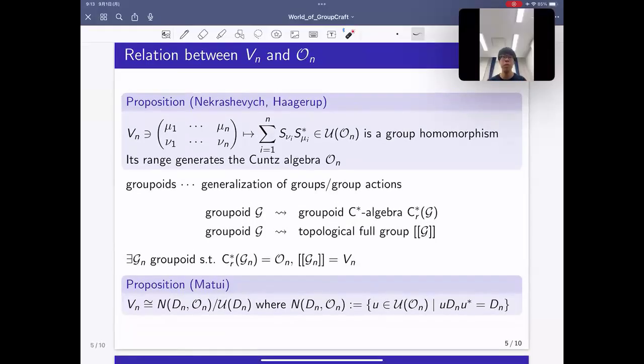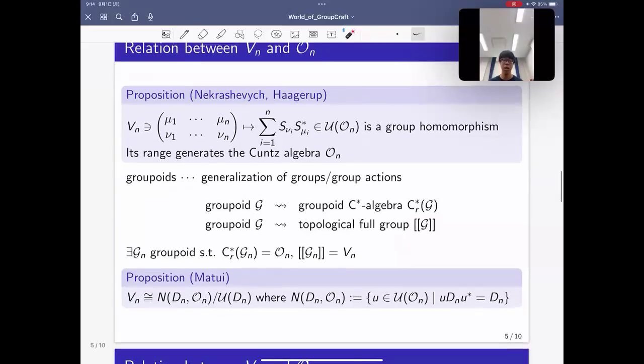Then from groupoids, we can construct many objects, including C*-algebras and groups. From a groupoid, we can construct the groupoid C*-algebra. We can also construct a topological full group, which is a discrete group constructed from the groupoid. This represents the global dynamics of the groupoid, constructed by gluing the local dynamics.